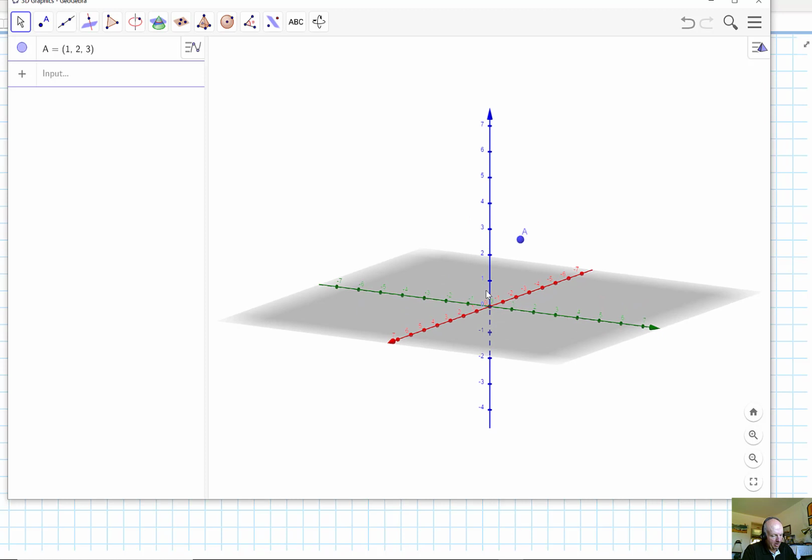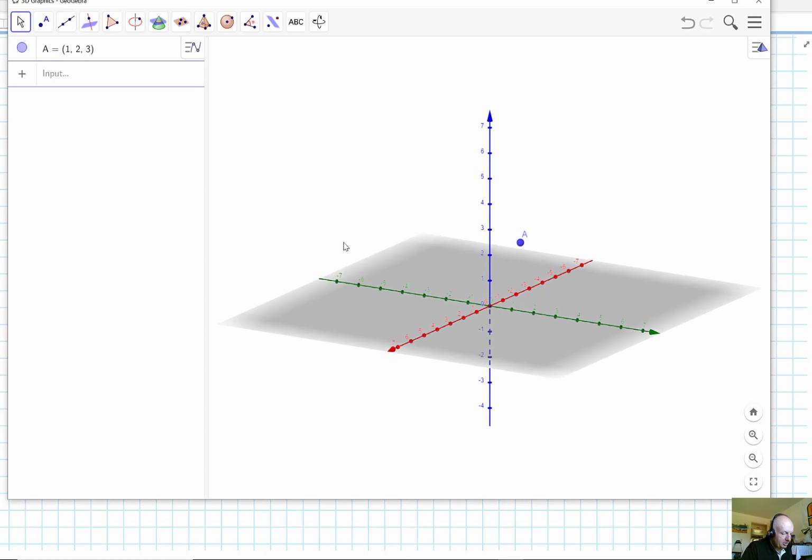Now, here's what we want to do. We can view this as a point, but this could also be viewed as a vector quantity. There are some physical quantities that we measure with vectors. Velocity is an example of that.